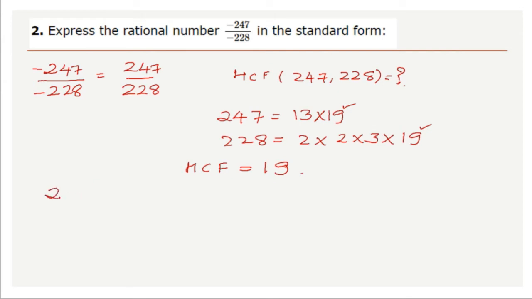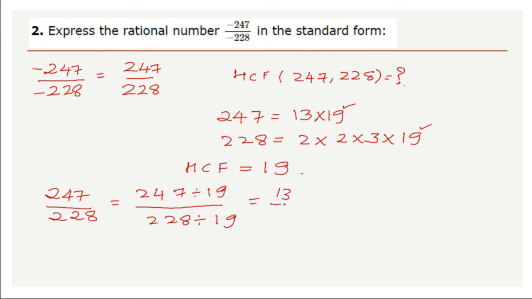Therefore, both numerator and denominator of 247 upon 228 are to be divided by 19. On dividing by 19, we get 13 upon 12. So 13 upon 12 is the standard form of minus 247 upon minus 228.